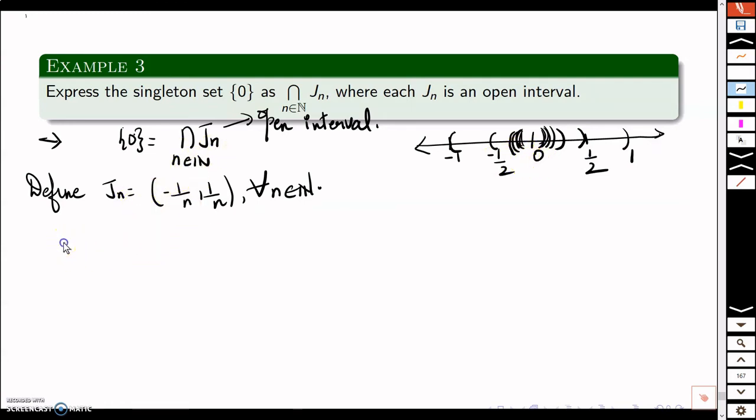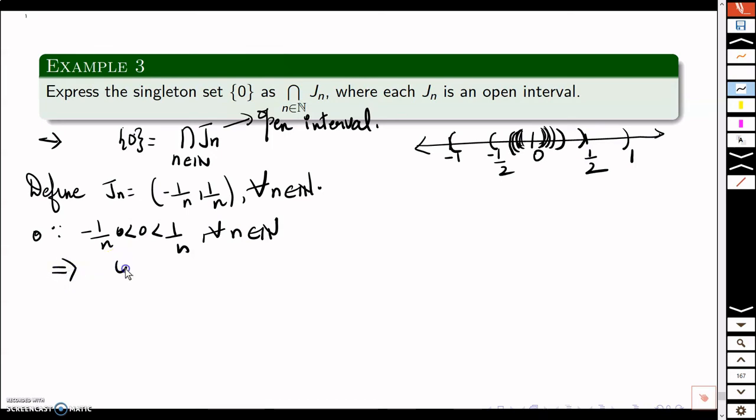Okay. So our claim is that {0} is equal to the intersection of all the Jn's. I've already mentioned it, so I don't have to write it again. So by the definition of Jn, 0 is there in each Jn because 0 always lies between -1/n and 1/n, because this is a negative and this is a positive number for each n.